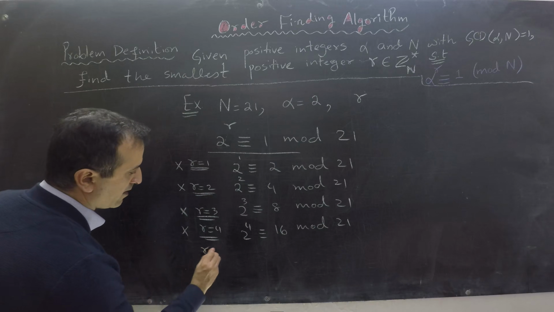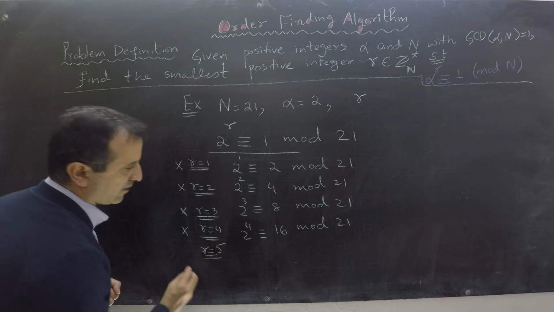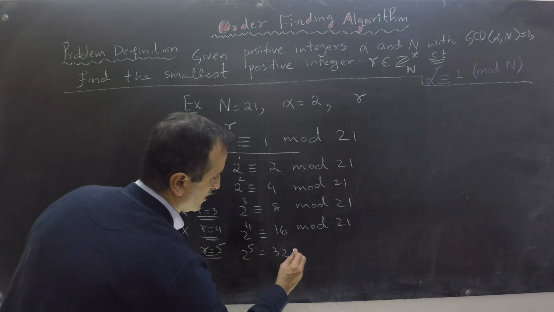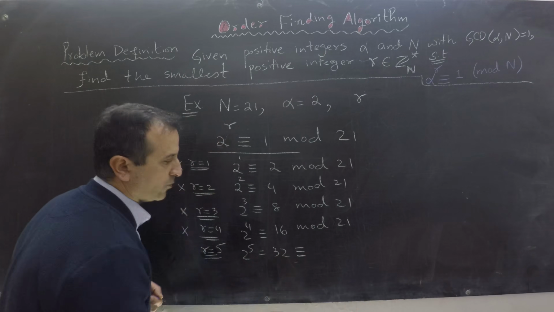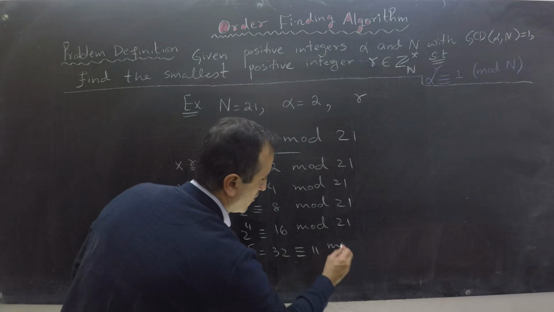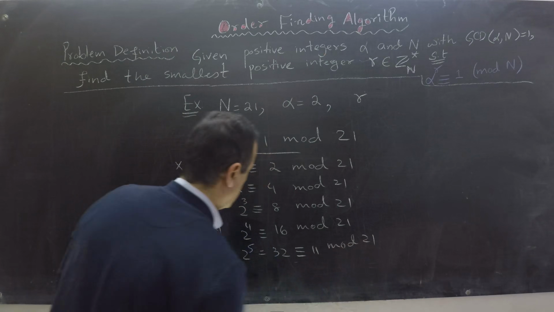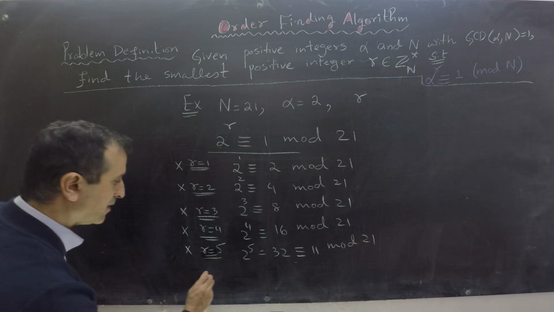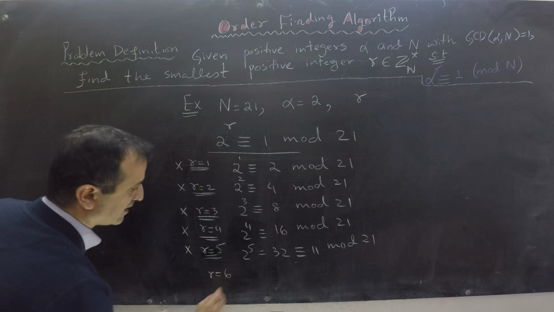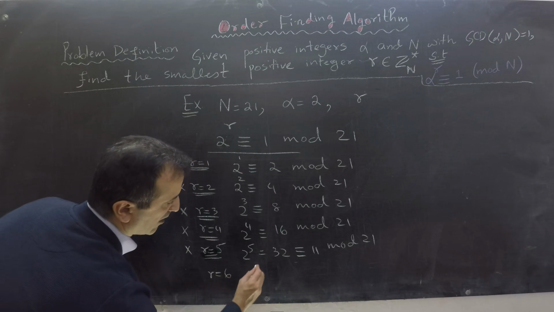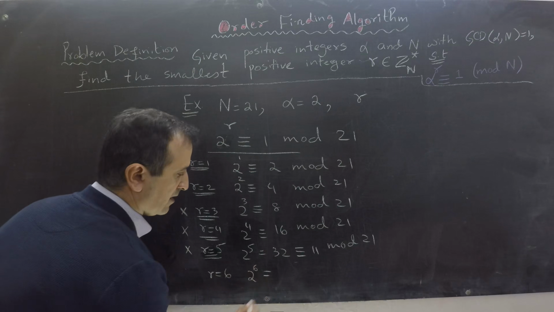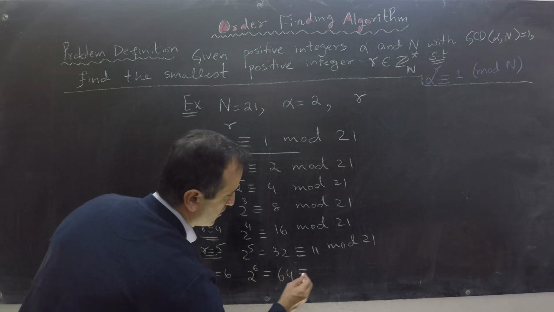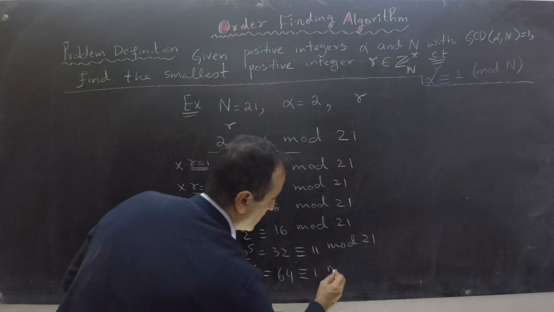Now I try r equal to 5. 2 raised to power 5 is equal to 32, which is congruent to 11 in mod 21. So r equal to 5 cannot be my order either. Now I try r equal to 6. 2 raised to power 6 is equal to 64, which is congruent to 1 in mod 21.